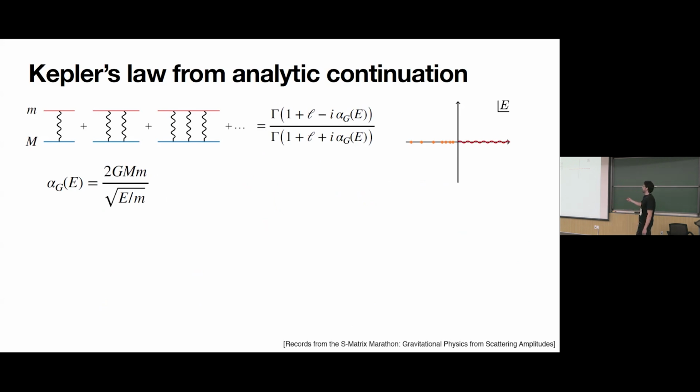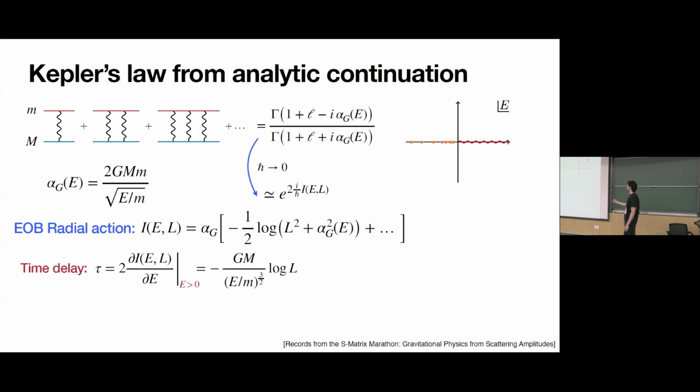And these gamma functions have poles, as I mentioned before, which are these bound states for negative energy. Now I want to describe the classical scattering or the classical inspiral of these objects. So I take the classical limit. This object exponentiates to this radial action, which has been mentioned many times here.